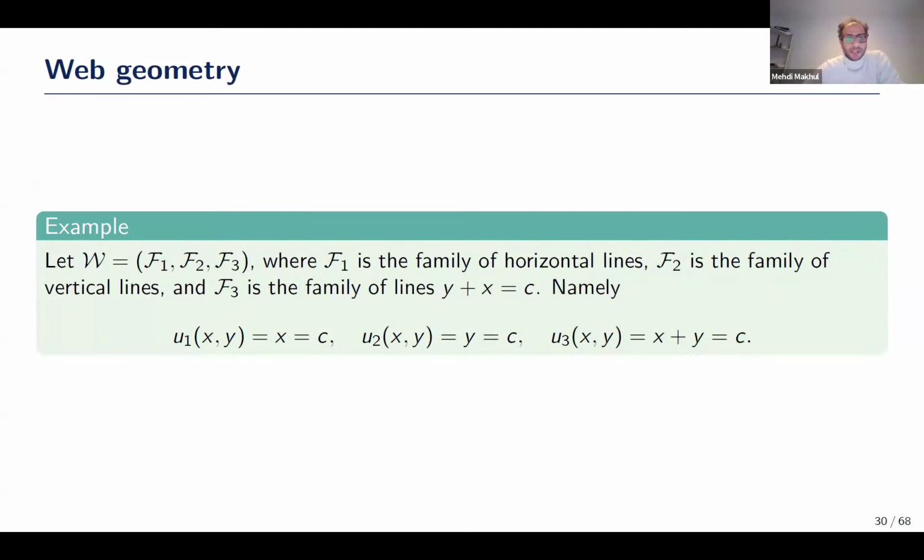A planar 3-web can be defined as follows: F1 are horizontal lines, F2 is the family of vertical lines, and F3 is the family of lines parallel to y plus x equals 1. Namely, they are level sets of these three smooth functions.